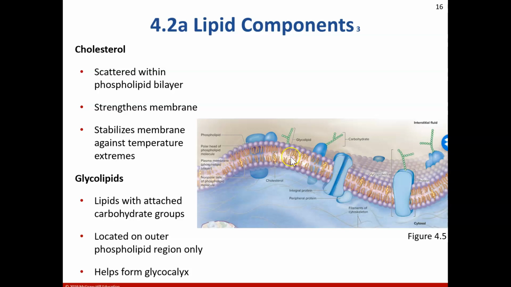And the other lipid component we have are glycolipids. These are lipids that are attached with carbohydrate groups, hence the glyco referring to the carbohydrate portion, and it's located on the outer phospholipid region only. So you can see really just this one pictured over here, and it helps to form glycocalyx.